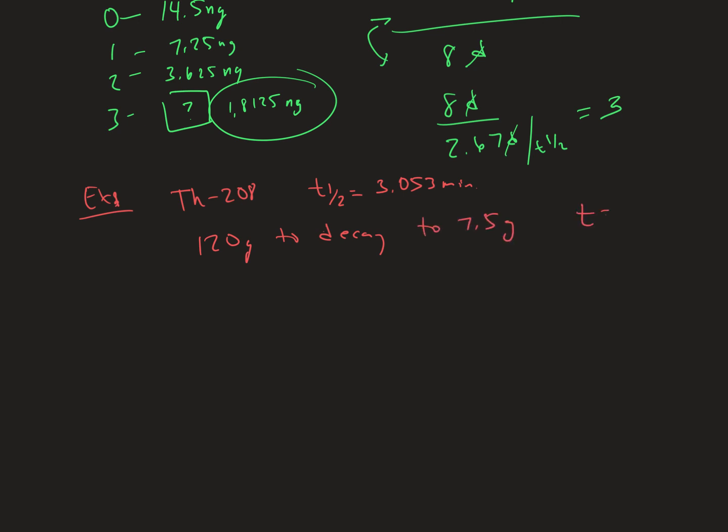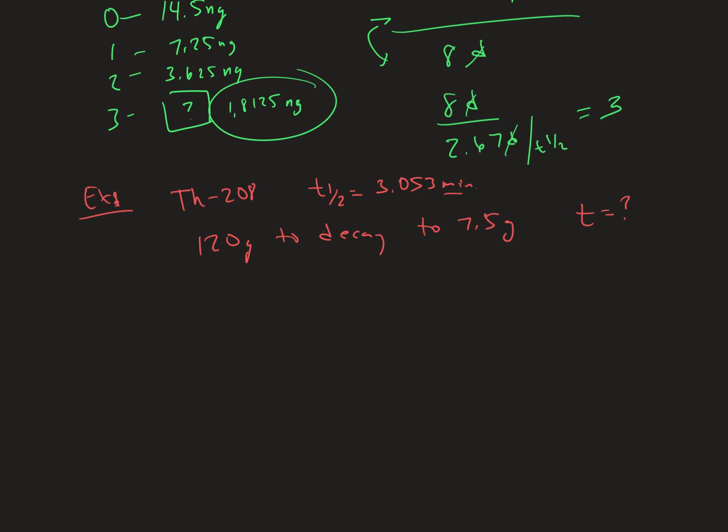So we're looking for how long it will take. It could be minutes or seconds or hours or months or days or years. Should we use minutes? Half-life is measured in minutes, so let's use minutes. And if it asks how many seconds, we convert it. If it asks how many days, we convert it. How many hours, we convert it.